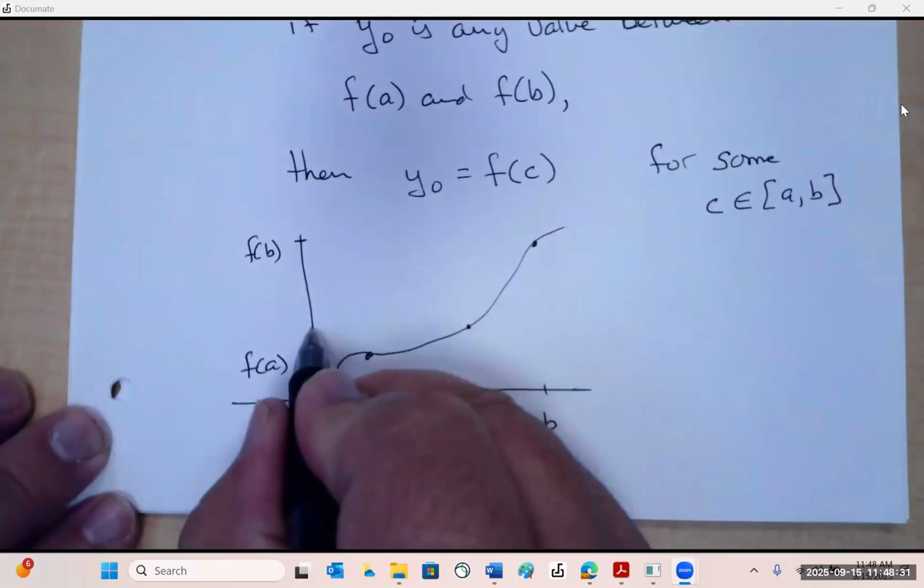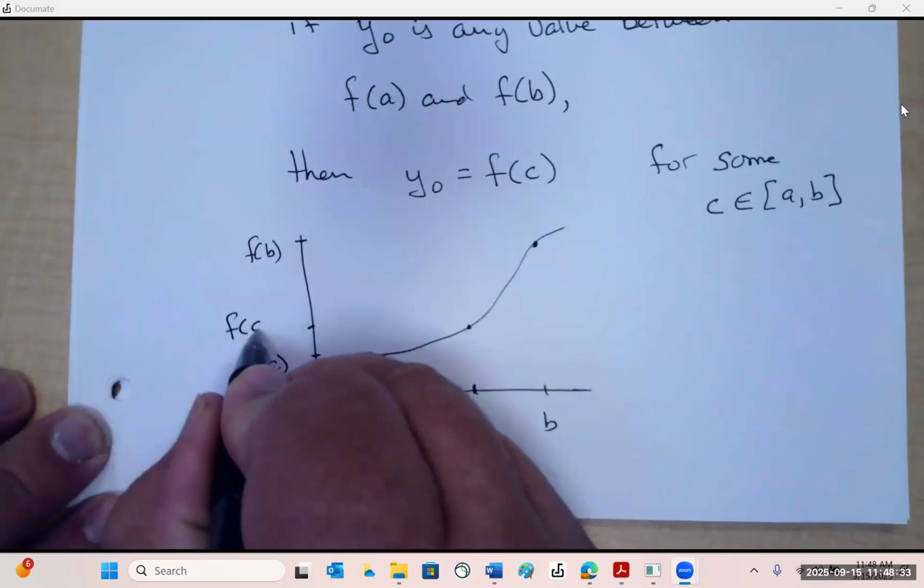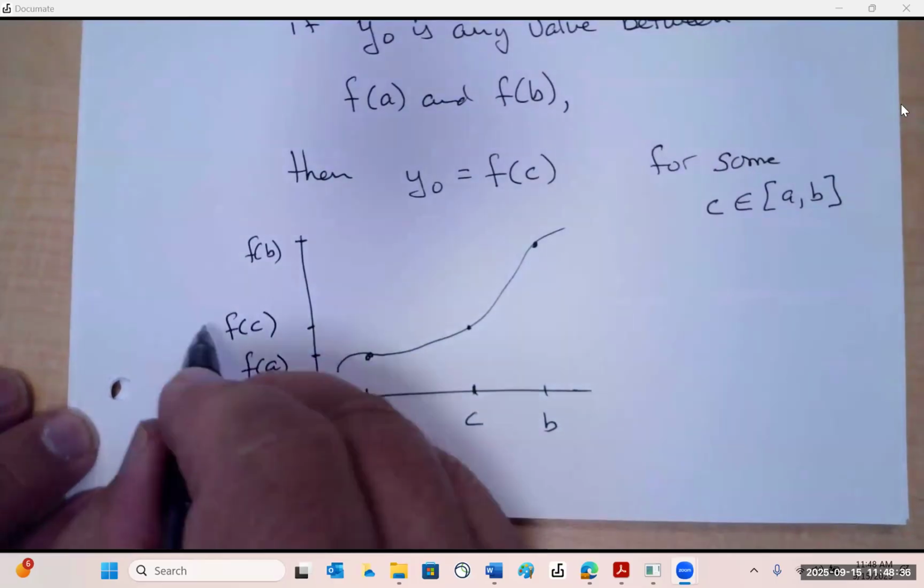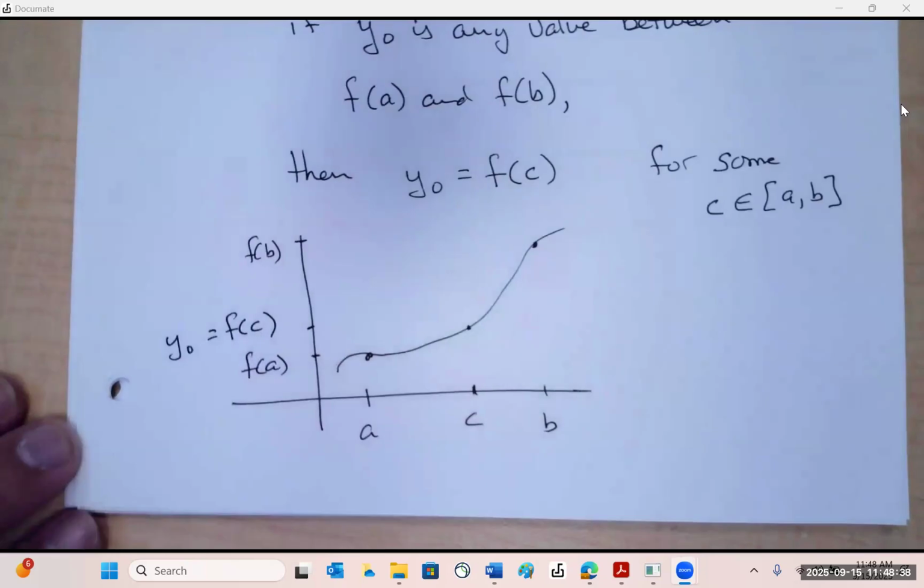It corresponds to an f of c, which is our y sub 0, somewhere between f of a and f of b. Okay, that makes sense. Pretty much common sense, right?